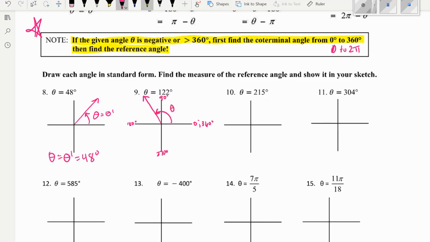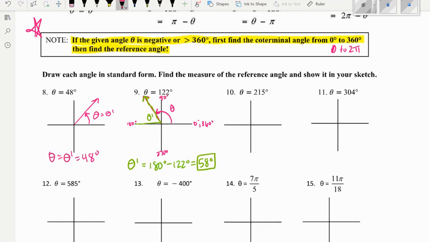So this angle right here would be theta prime. To find the reference angle, because we haven't gone past 180 degrees and we always use the x-axis, we take 180 degrees and subtract the angle that was given, 122 degrees, which ends up giving us 58 degrees for the reference angle.